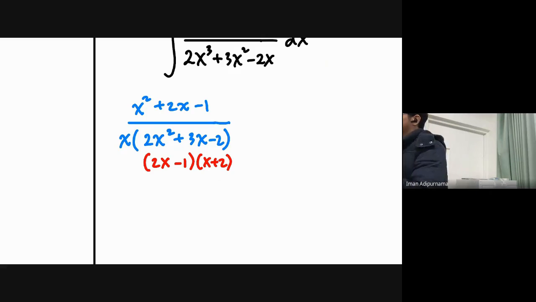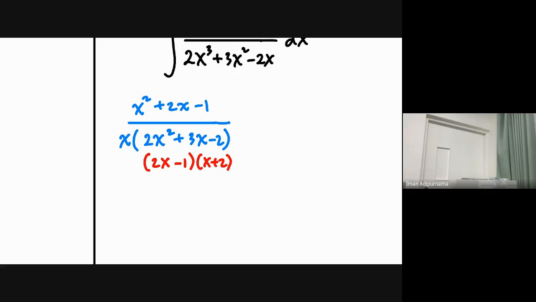Do you still have problems factorizing this kind of quadratic function? I mean, do you need several minutes, or how fast can you factorize?